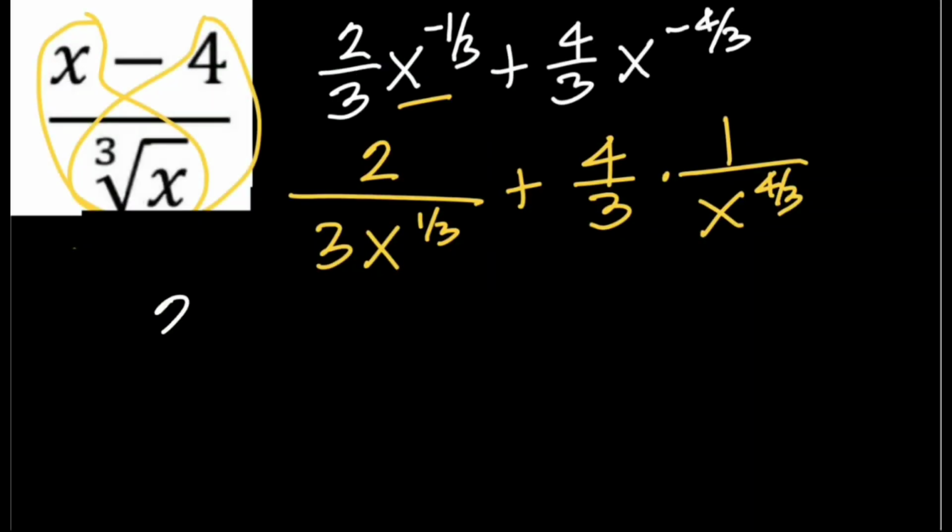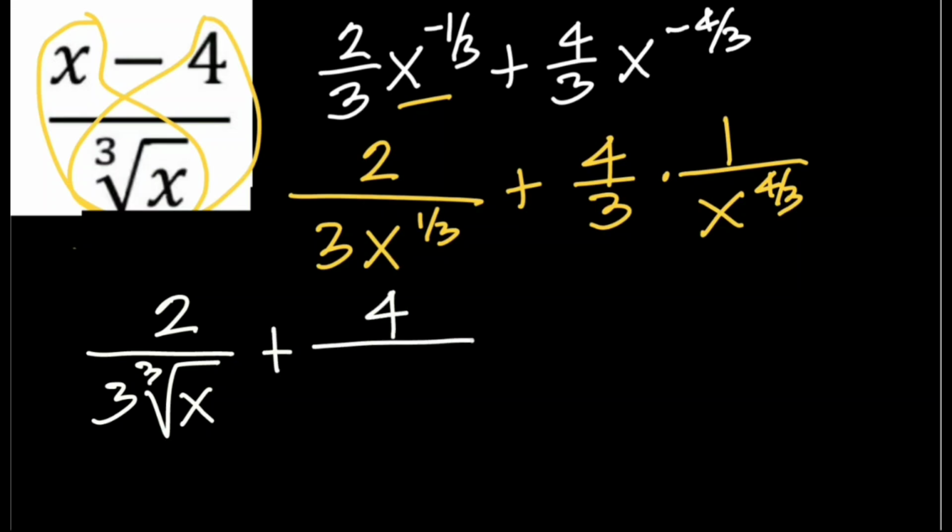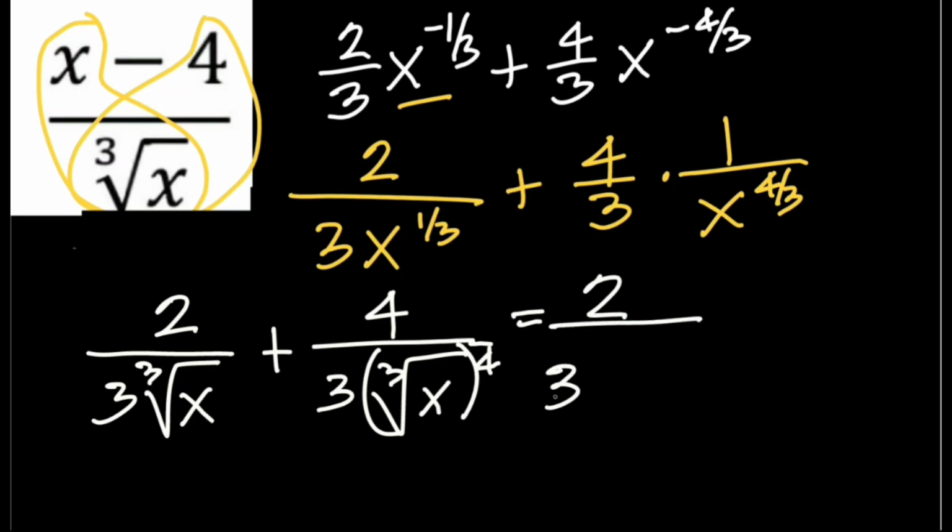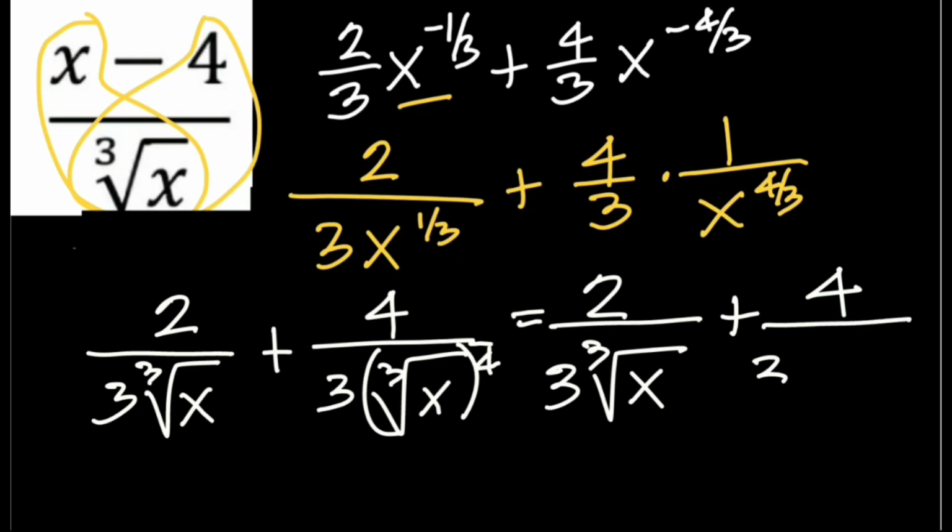This becomes 2 over 3 cube root of x. We can write x to the 1/3 back as cube root of x, plus 4 over 3 times cube root of x to the 4th. And cube root of x to the 4th is just x cube root of x. So we can write this as 2 over 3 cube root of x plus 4 over 3x cube root of x.